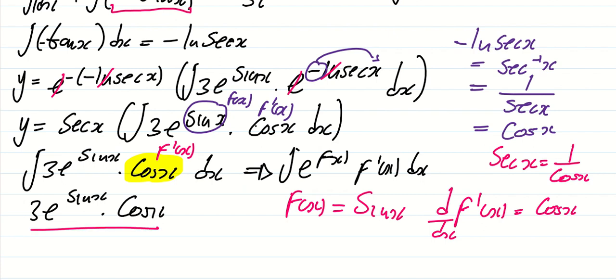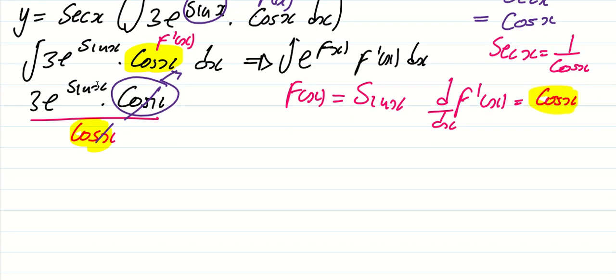The original one is this one, so they should cancel. There are alternative methods that you can use. So here you're left with 3e sine x. That's how you integrate e. You can use the u method if you like.